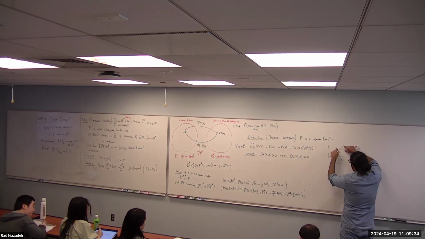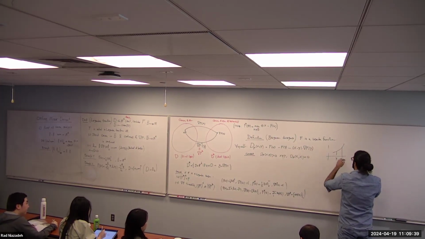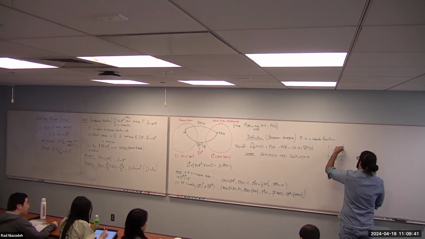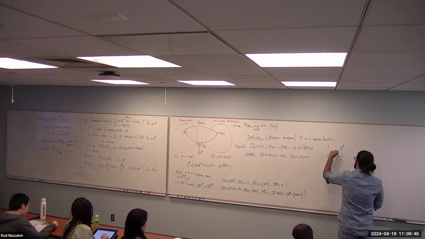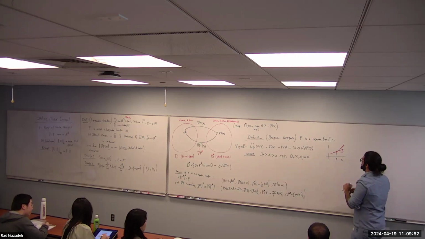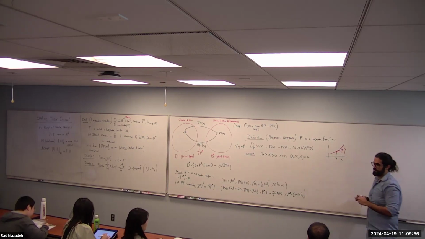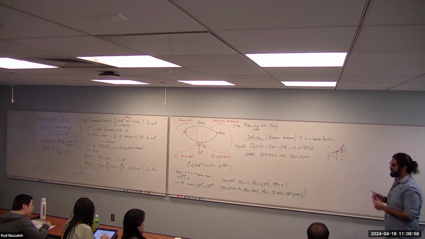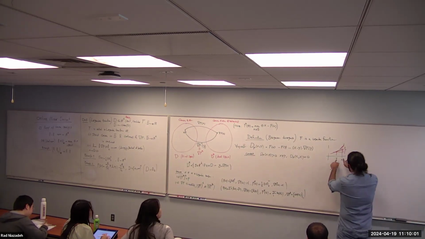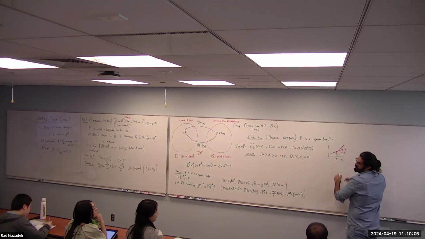So f of x minus f of y is this height, and x minus y dot product with the gradient at y is the tangent line at y. So f of x is greater than the tangent line, and since it is strictly convex, as long as x and y are not the same vectors, it is strictly greater than 0.